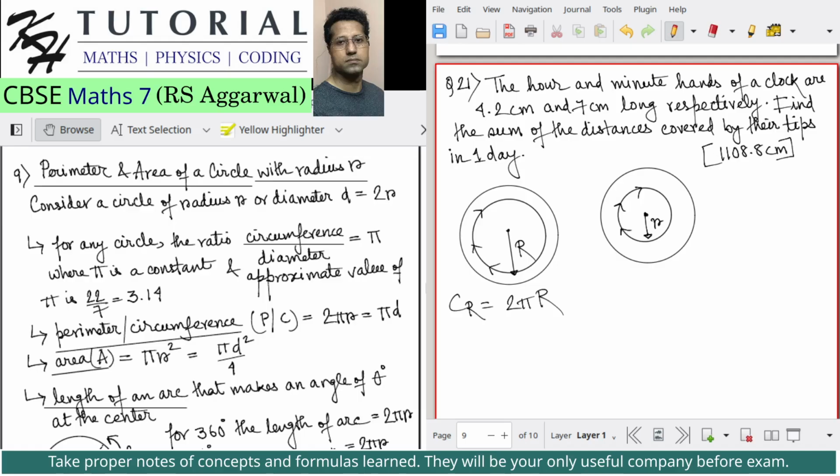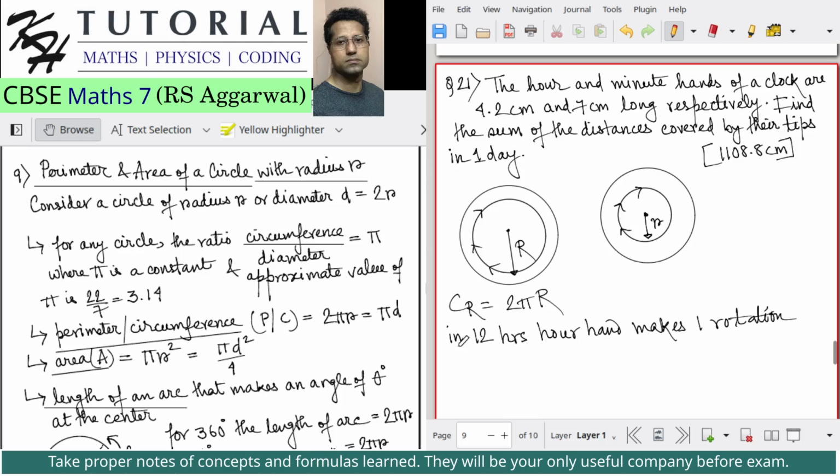As explained before, in 12 hours the hour hand makes one rotation.